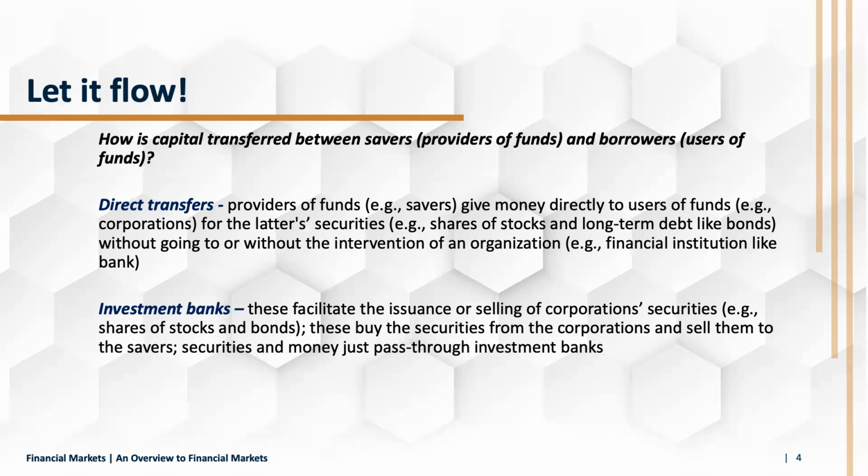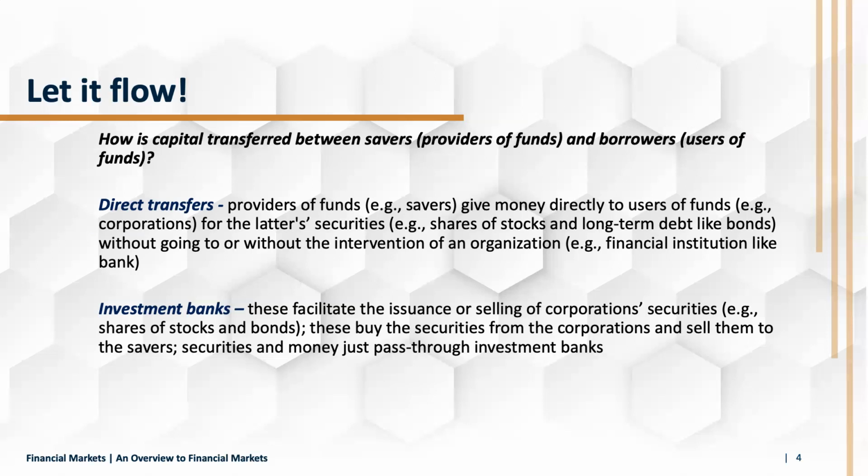Now that we know the players, let's see how the money flows in the financial markets. So I believe there are three ways in which capital is transferred between the savers and the borrowers. So let's take a look at the example. First up, we have the direct transfer.